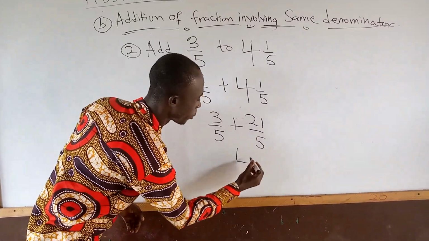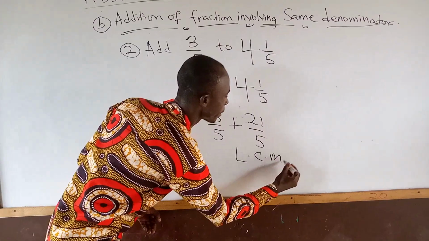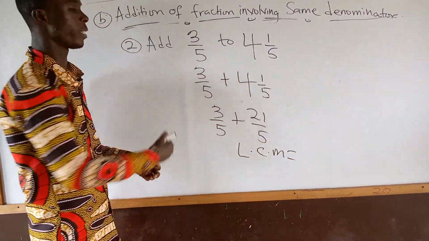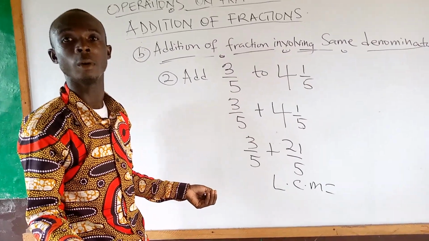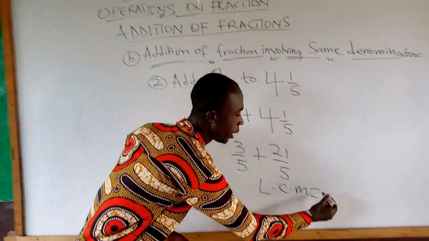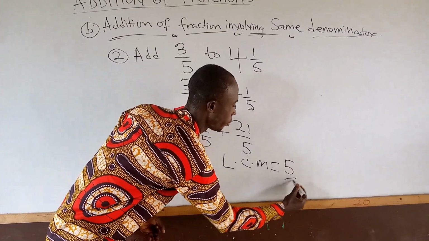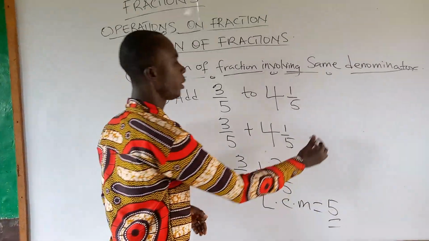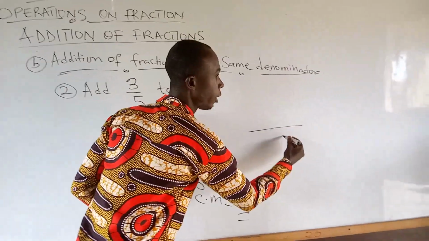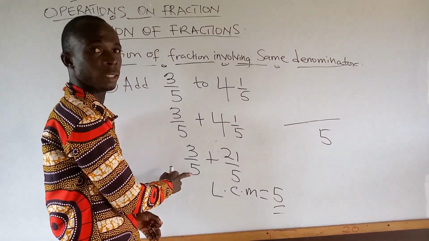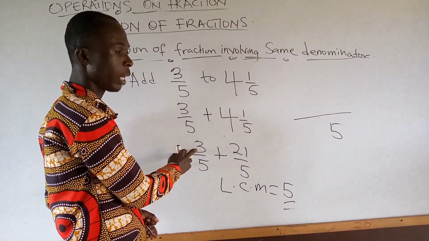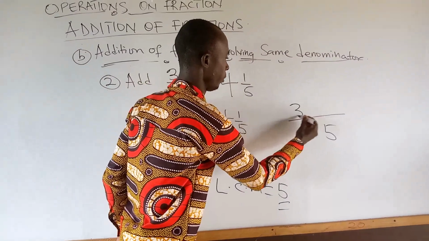So the next step is to find the LCM. And I said once they have the same denominators, you choose one as your LCM. So the LCM is 5. You bring your division sign. 5 goes into 5, how many? 1. 1 times 3 is what? 3.